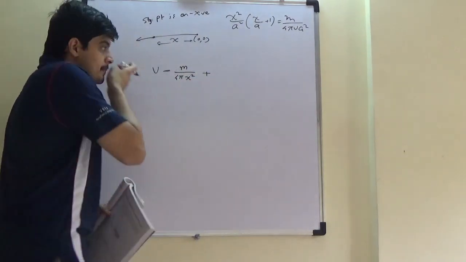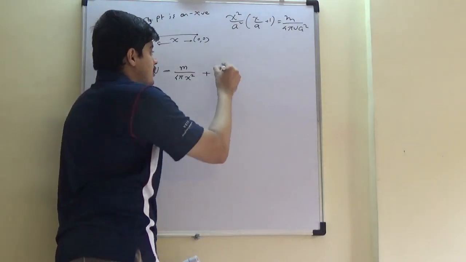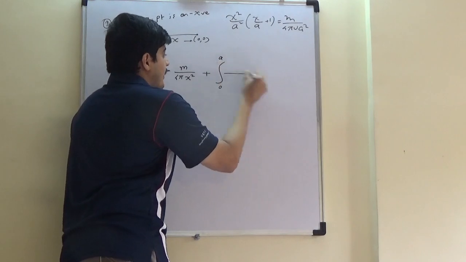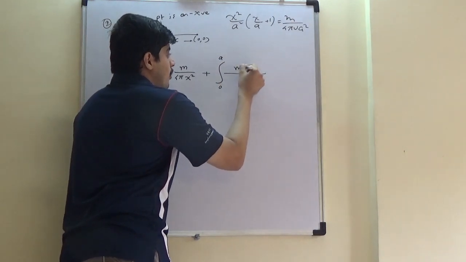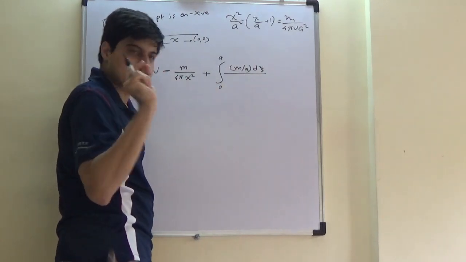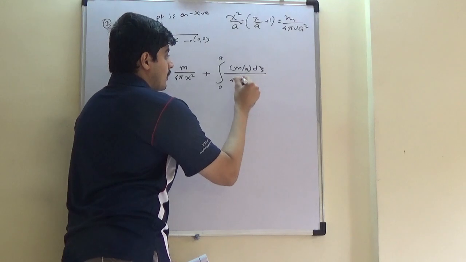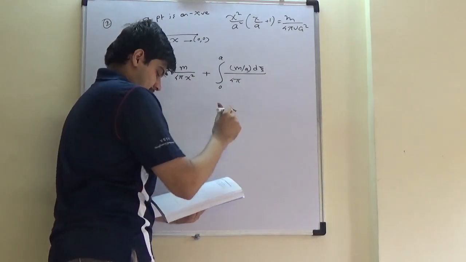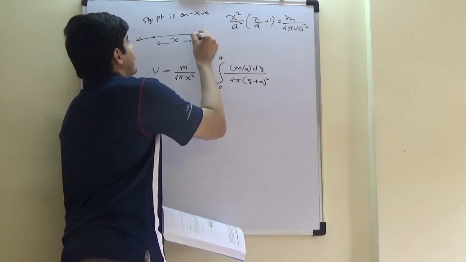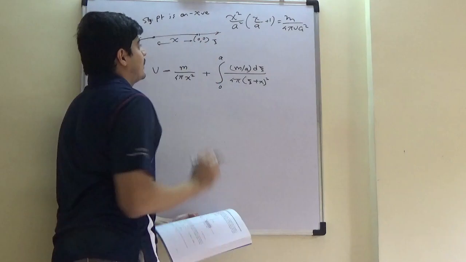Plus the introduced velocity of sink in this direction, and this is most important, zeta varying from 0 to A, m upon A d zeta, a strength of infinitesimally small sink divided by 4 pi zeta plus x square, because x and then this local coordinate zeta.